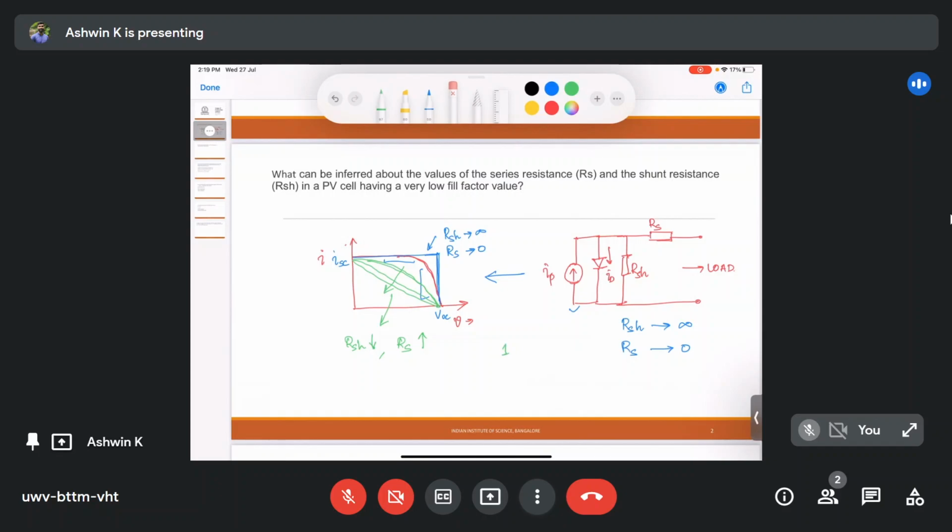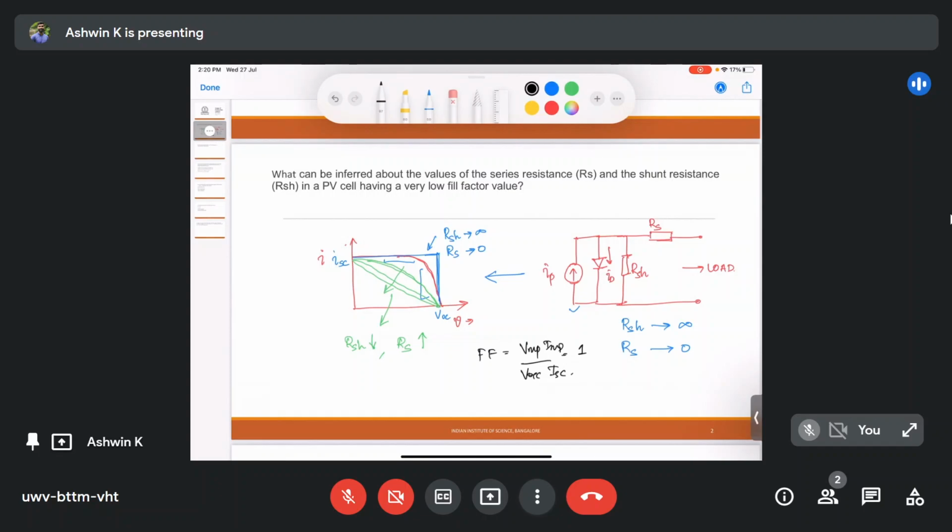We know this because the equation of the fill factor, FF, is nothing but VMP times IMP divided by VOC times ISC. For the blue curve, VMP and IMP is nothing but your VOC and ISC. So your ideal fill factor of the PV cell has to be 1. All other fill factors, which include the non-idealities, have to be less than 1.